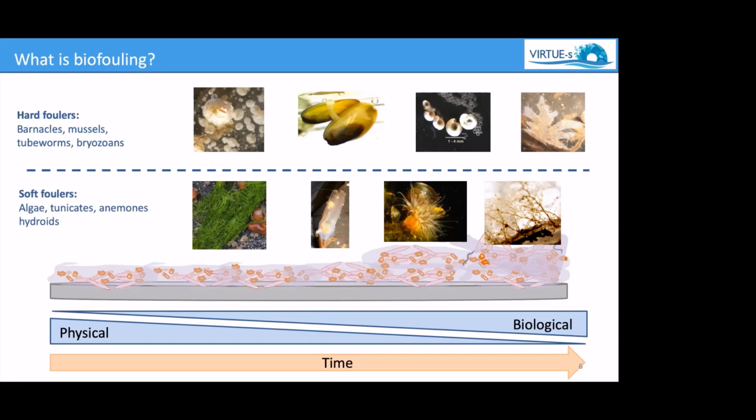And then at the later stage, when the bacteria start settling in, the biological processes which govern the fouling of a disc will get the upper hand, whereas the physical processes will become less and less the determining factors of what and how the organisms will settle on the discs.